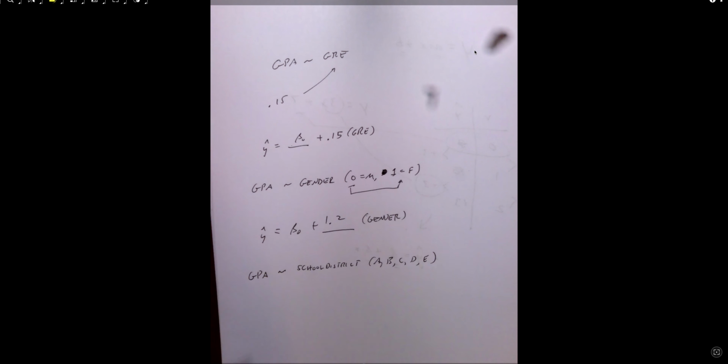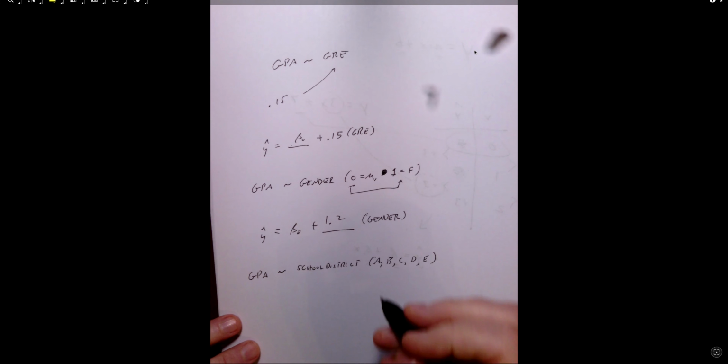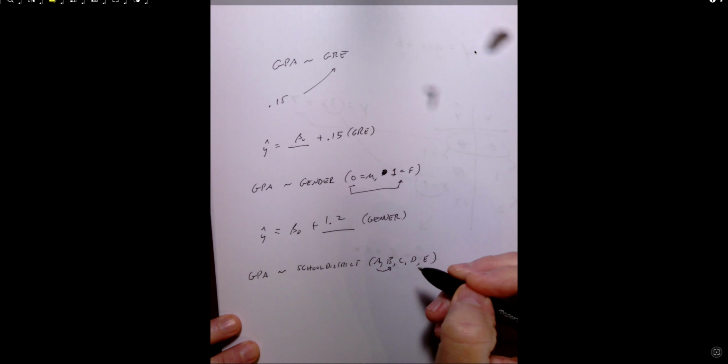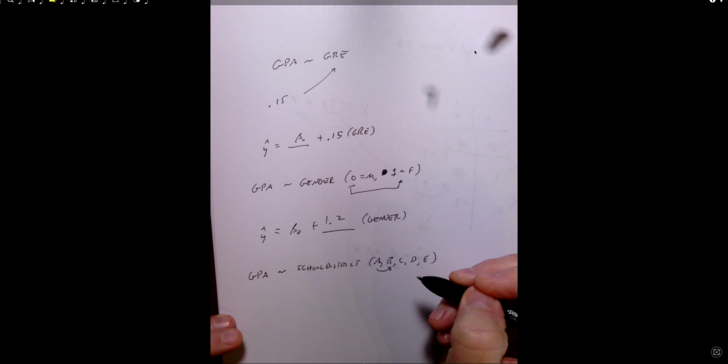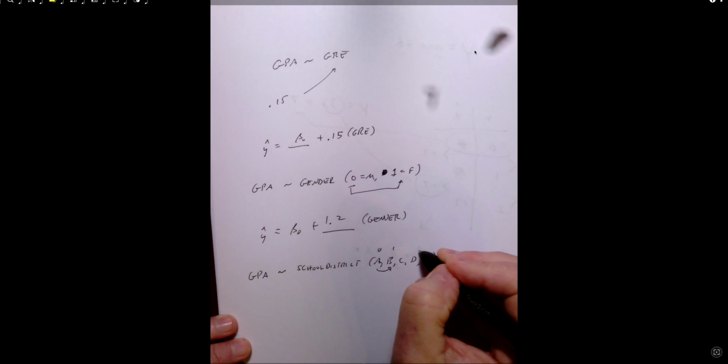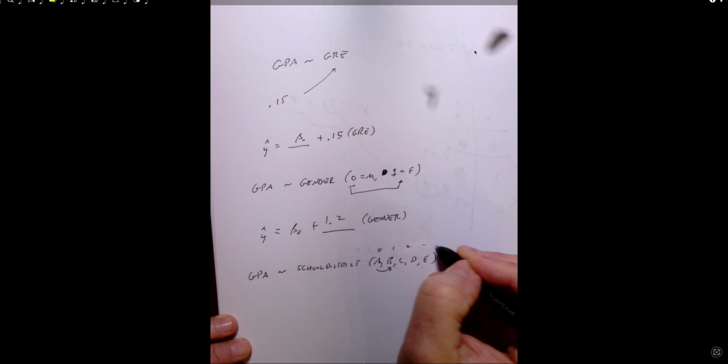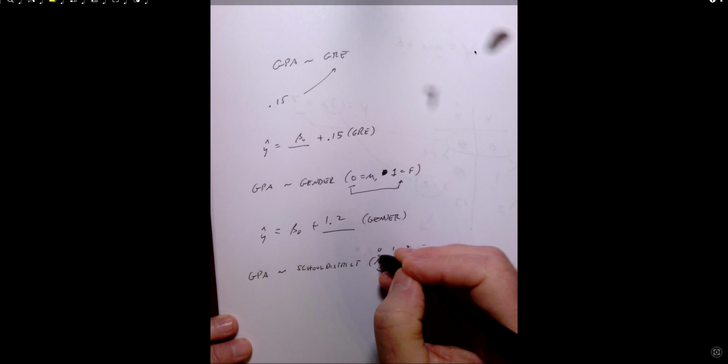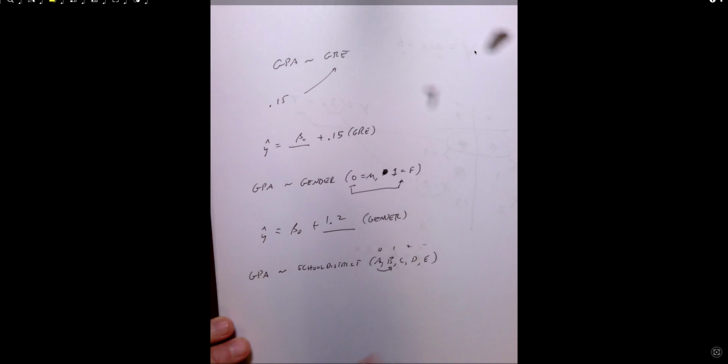What if we're trying to predict GPA from school district and we have 5 school districts, A, B, C, D, E, for example? What's a 1 unit increase mean? Well, we don't know, right? A 1 unit increase isn't anything. We can't make these things 0, 1, 2, 3, 4, or 1, 2, 3, 4, 5, because those are just placeholders. They don't take on a quantitative meaning.